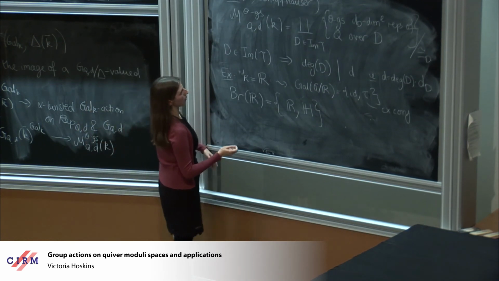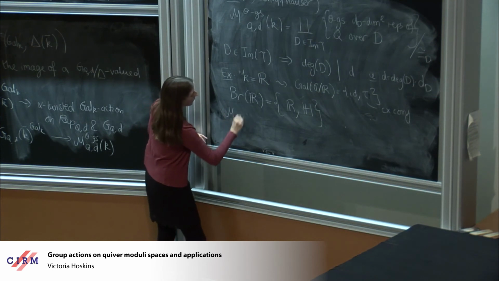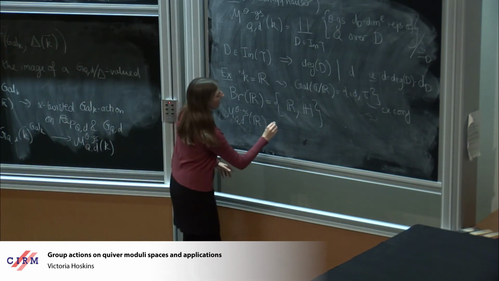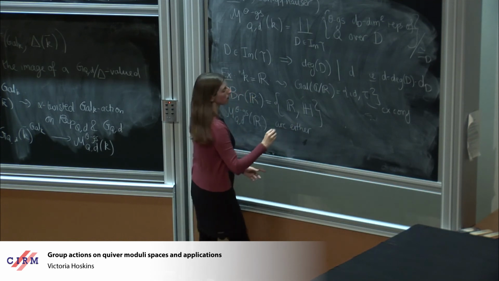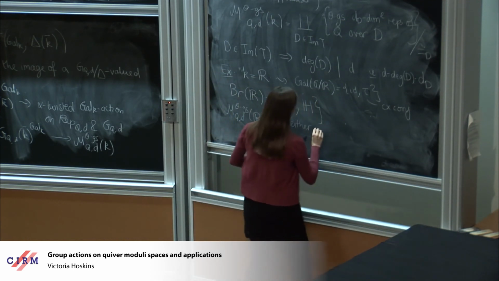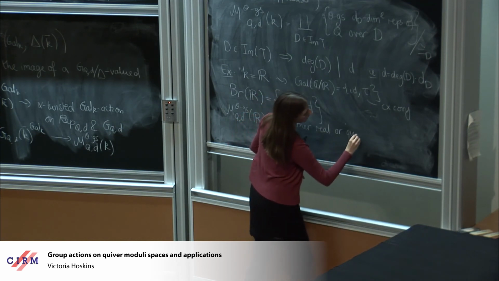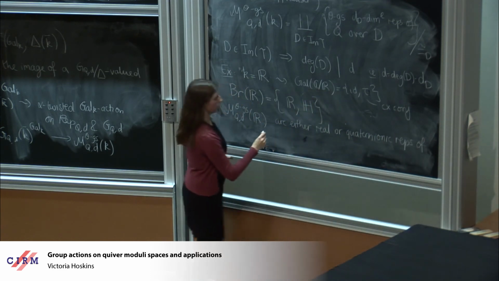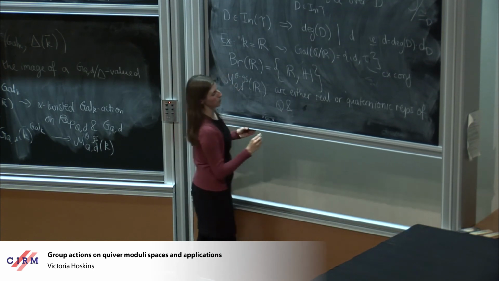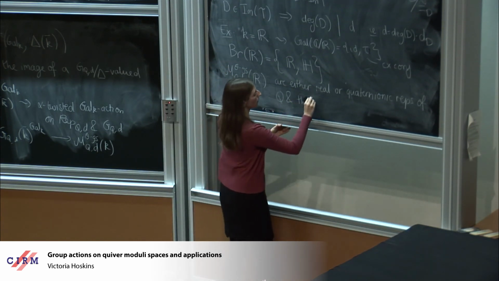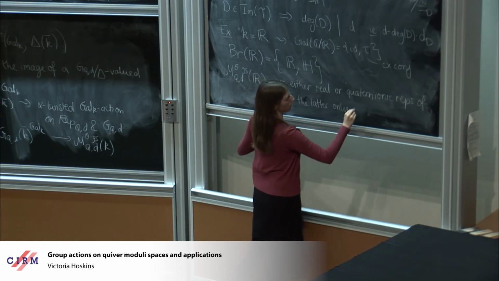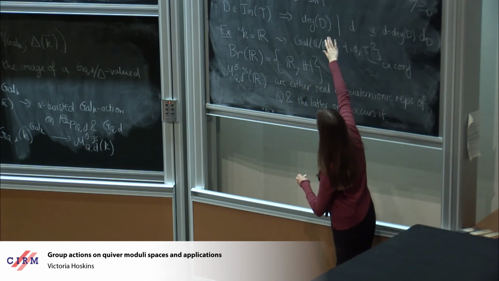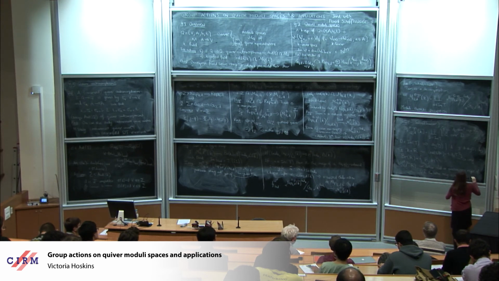And then we see that the real points of this moduli space are either real representations of Q or quaternionic representations of Q. And the latter only occurs if the degree of the quaternion, that's 2, divides the dimension vector d.